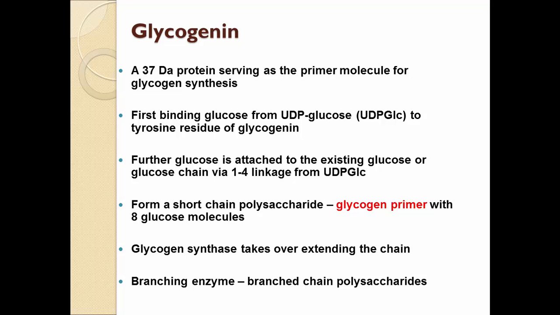The short glucose chain plus the glycogenin is the so-called primer molecule of glycogen synthesis. So the primer molecule includes the glycogenin protein and 8 glucose, formed as a short chain, that you add or connect to the glycogen.